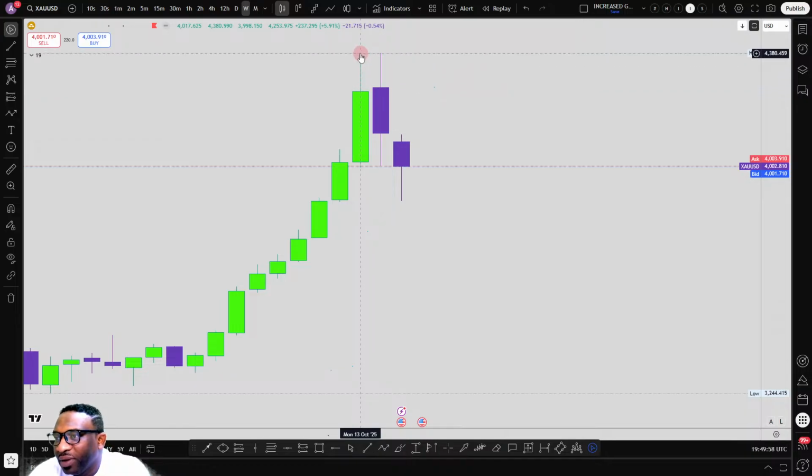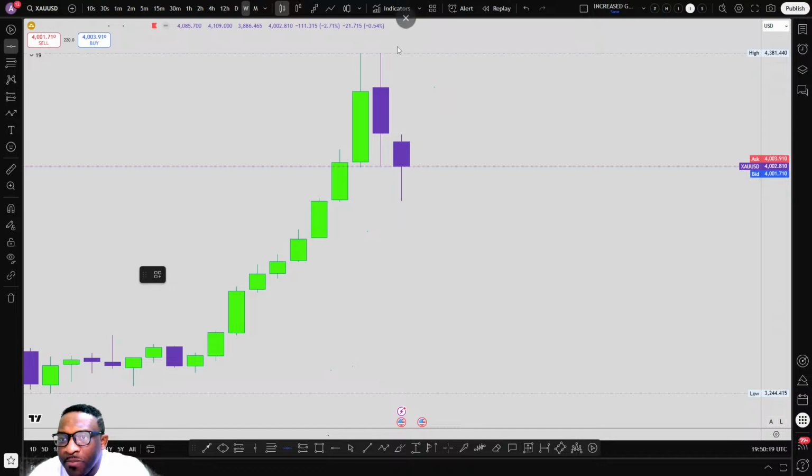That's a 4380, or better still, if we're going by the key zones, we hit the 4350 key level. Let me plot it.